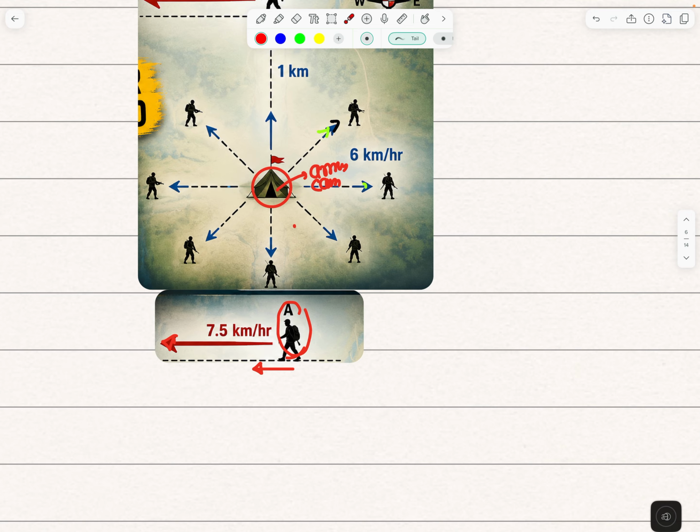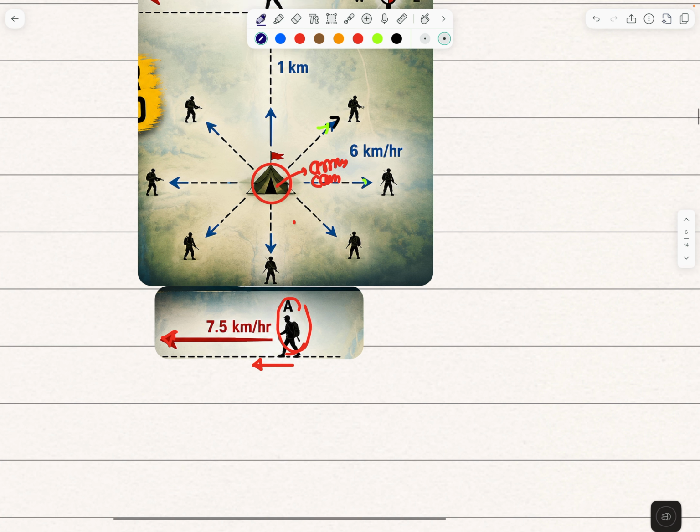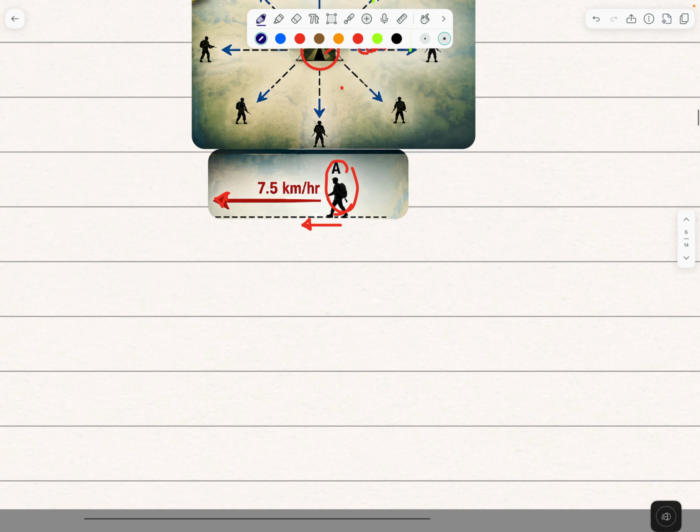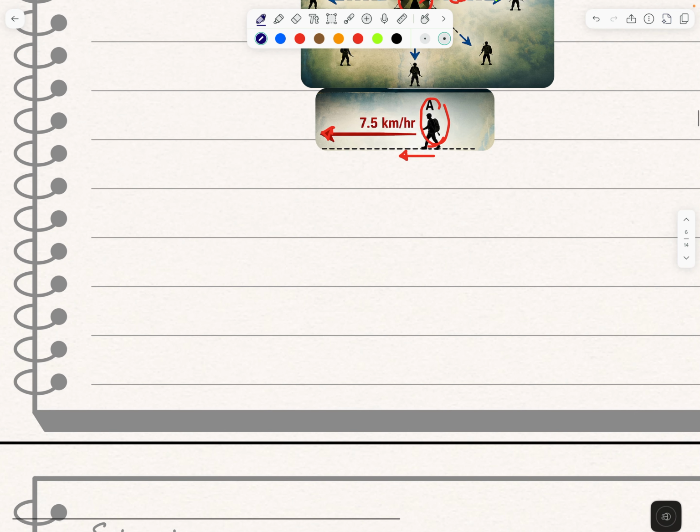So what they are interested in is how much minimum distance will be there between army and terrorist. For that we'll use a vector triangle method instead of the calculus method. You can try with the calculus method also, but here we'll use a more elegant method, that is the vector triangle method. So let me draw the same diagram.